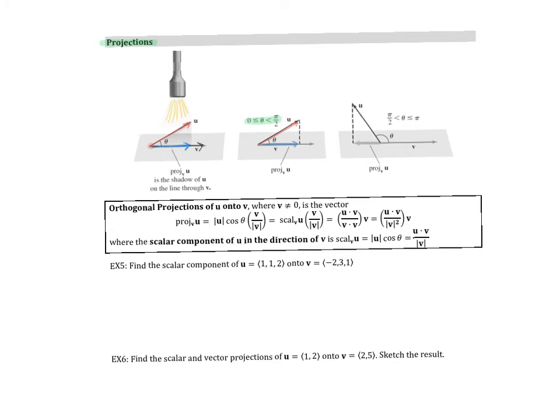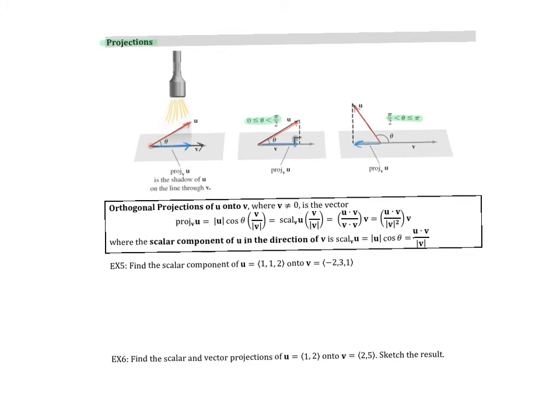So a right angle is formed on the same side of v. If our angle is between pi over 2 and pi, what happens when we have this shadow is that the shadow of u is actually going in the opposite direction of v.